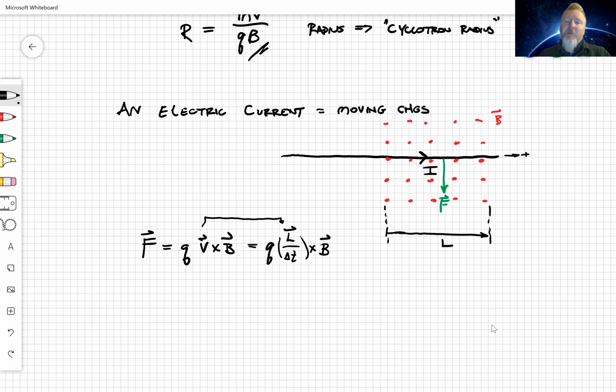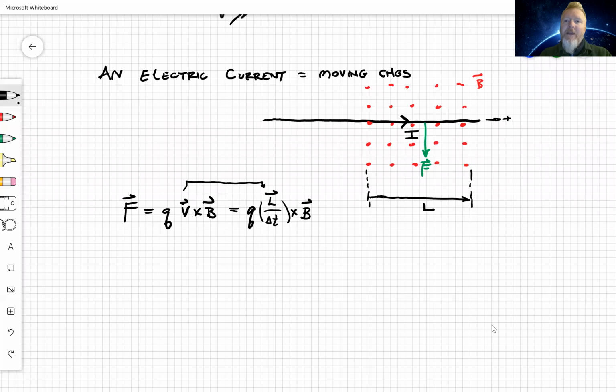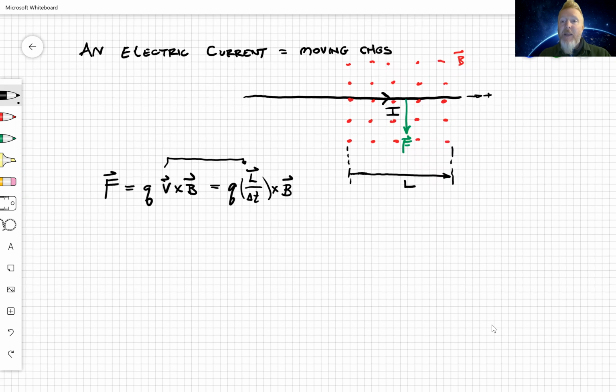But since this is a multiplication and I'm interested more in the current than in any one specific charge, I'm just going to take this T and flop it underneath the Q, since it's a product. So now I have Q in delta T times L cross B. And charge in a certain amount of time, that would be the current.